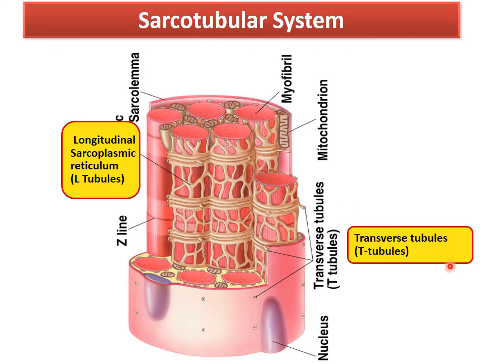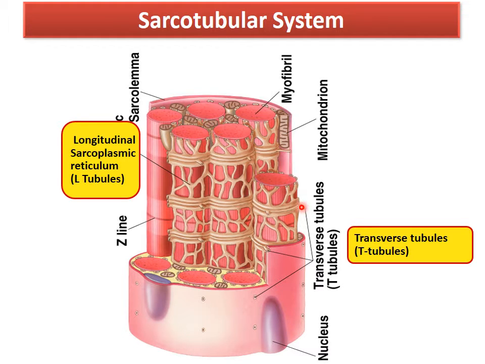Now come to the transverse tubules. These are the tubules that are present transversely to the muscle fiber or myofibril, running across the muscle fiber. This is the transverse tubule or T tubule. T tubules communicate outside with the sarcolemma.